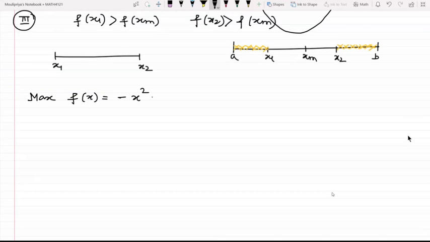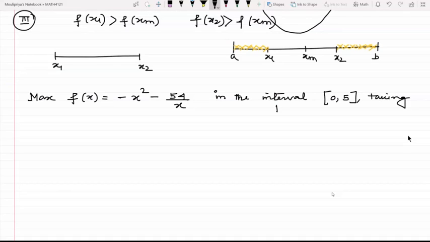minus x square minus 54 by x in the interval 0 to 5, taking tolerance to be less than 0.2.